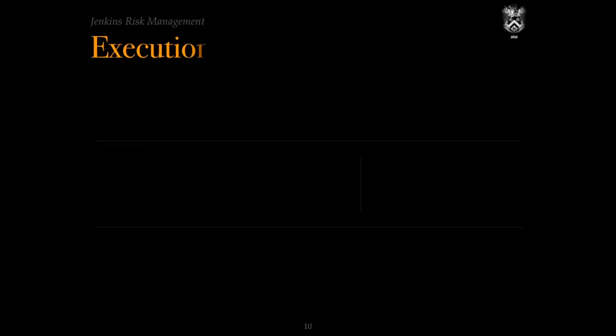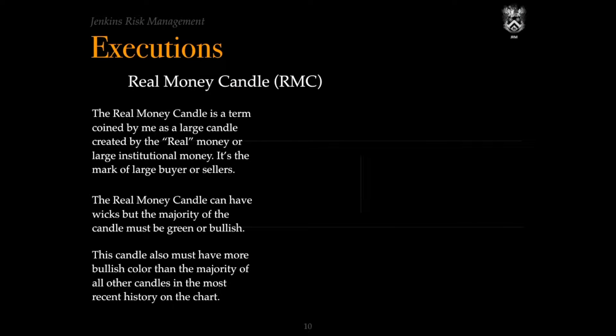Next section is execution, the second pillar. We have a variety of setups. Really, there's about 7 basic ones that we go over in coaching. And this gets down to the more granular, where do you want to execute, where to put your size. This is where we really get into the precision of trading.